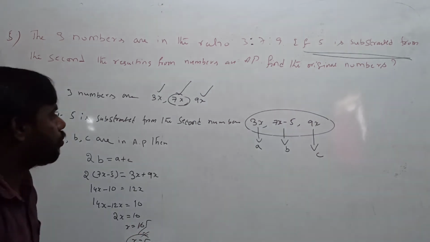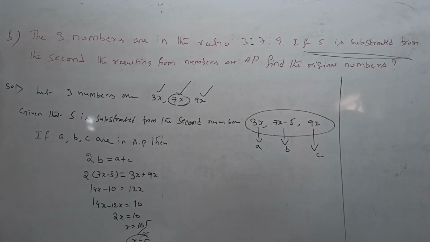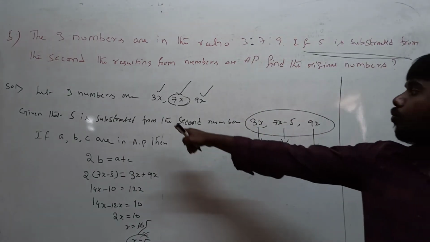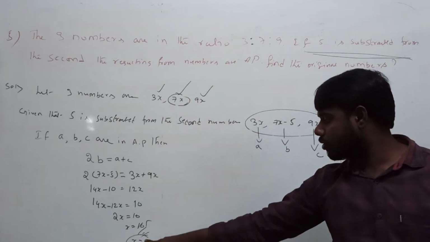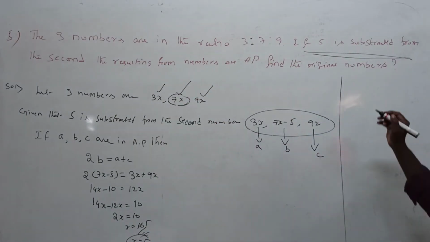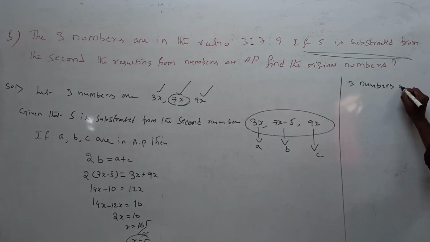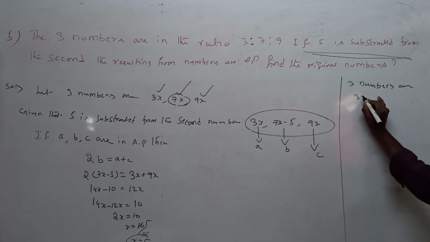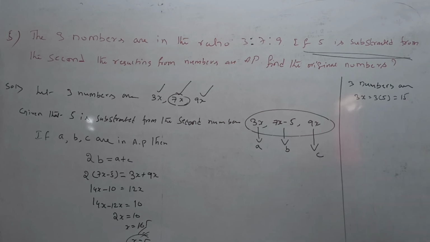But they are asking to find the three numbers in the ratio 3:7:9. The three numbers are 3x, 7x, 9x. So substitute the x value. First number is 3x. What is the x value? We got 5. 3 into 5 is 15. First number is 15.